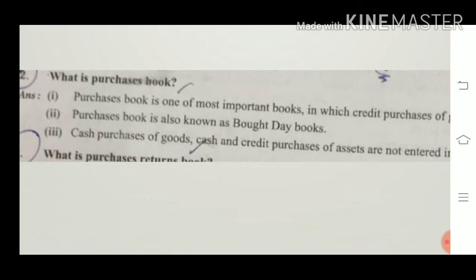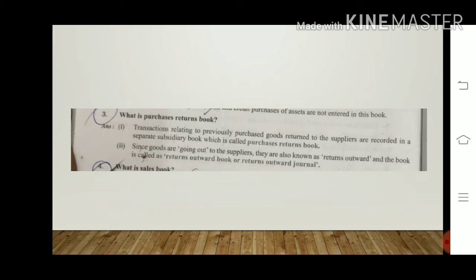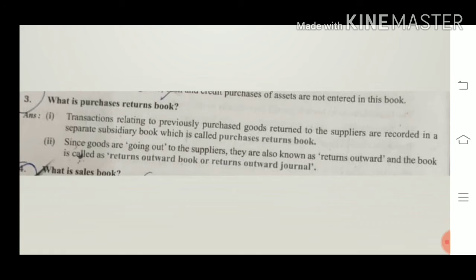Then next question, what is purchase return book? Transactions relating to previously purchased goods returned to the suppliers are recorded in a separate subsidiary book called the purchase return book.